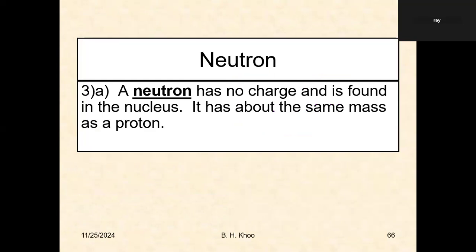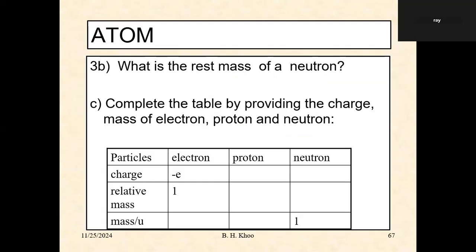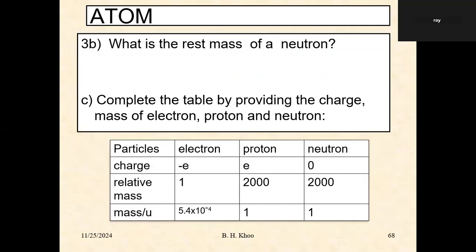A neutron has no charge and is found in the nucleus. It has about the same mass as a proton. What's the rest mass of a neutron? It's not given in the data sheet.